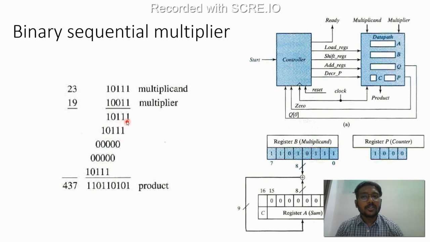Instead of shifting the multiplicand to the left, whenever you have a multiplier bit of 1, you just put the multiplicand in the partial product. I'm repeating, whenever you have a multiplier bit of 1, you put the multiplicand in the partial product, and for the next cycle, whenever the multiplier bit is 1, you shift this partial product towards the right and add the multiplicand.